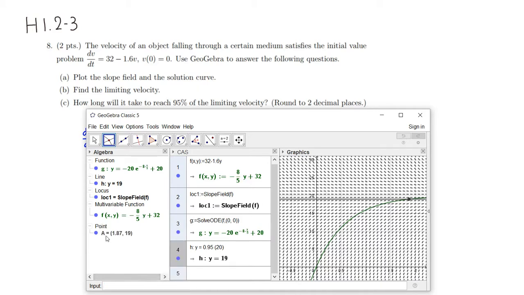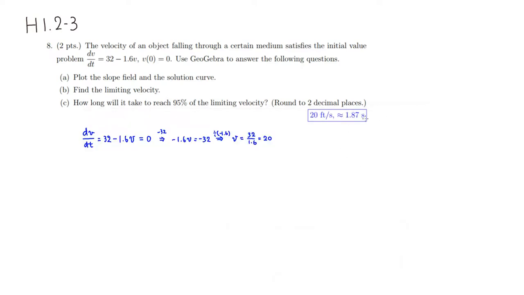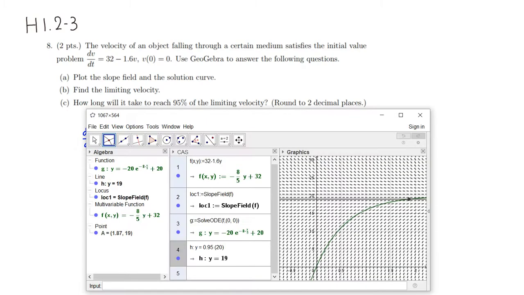You can see that point A is the intersection point, and the intersection point is 1.87, 19, which means that when t is equal to 1.87, the velocity reaches 95% of the limiting velocity. So that's why we have 1.87 seconds approximately, and that's it. I hope that this was clear.